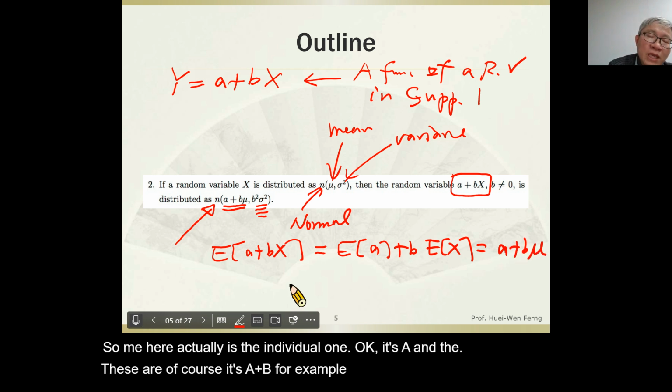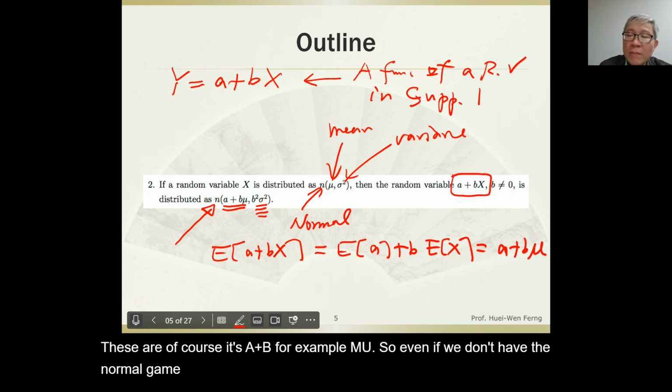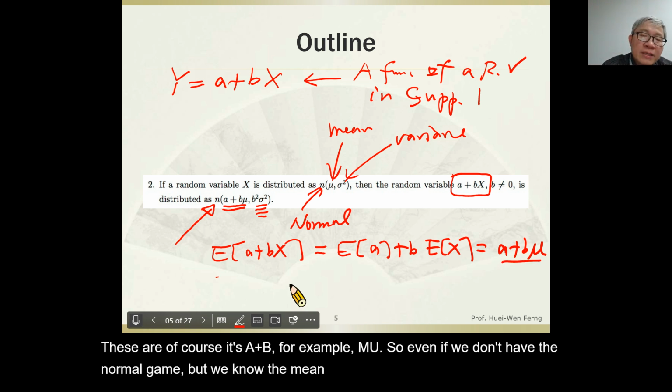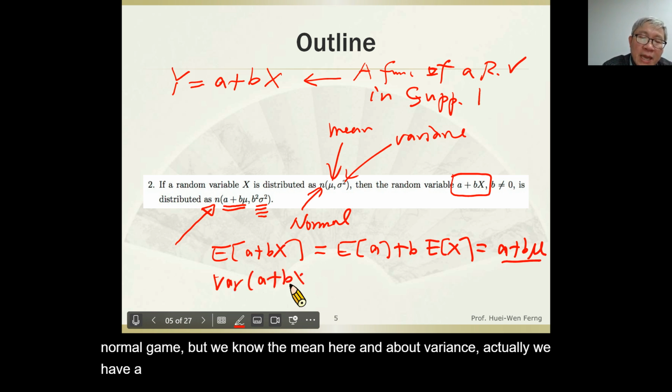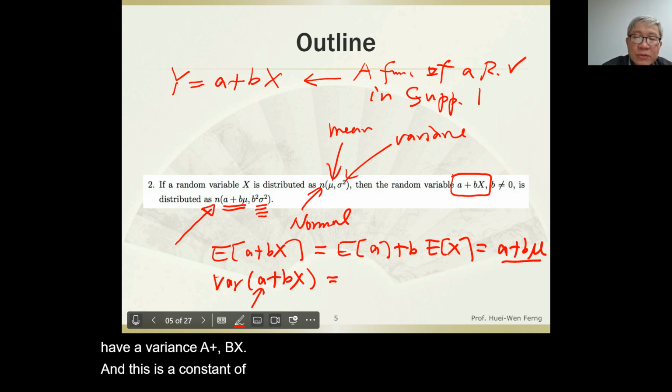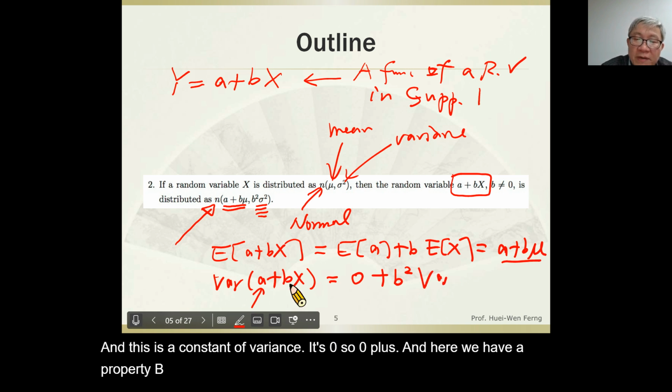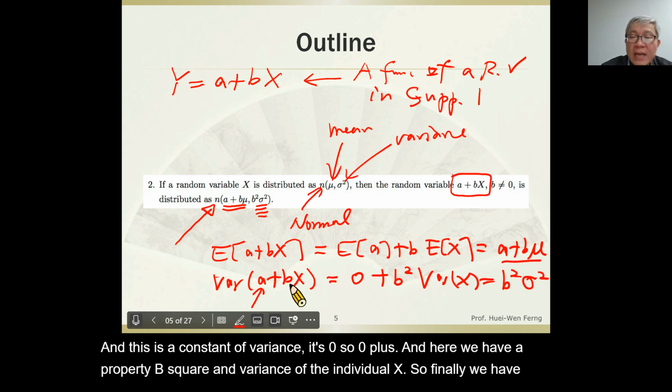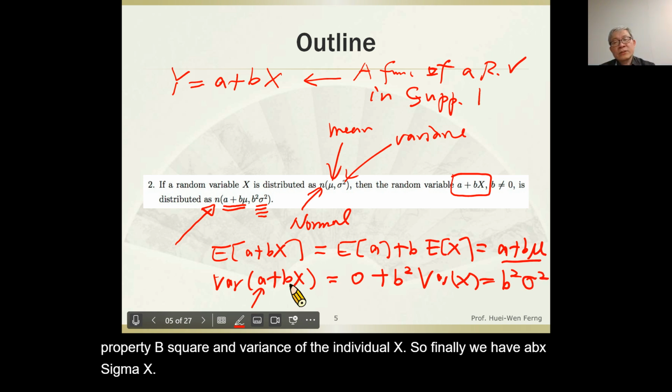So even if we don't have the normal again, we know the mean here. And about the variance, we have the variance of a plus bX. This is a constant, so its variance is 0. So 0 plus, and here we have a property: b squared and the variance of the individual X. So finally we have b squared sigma squared.